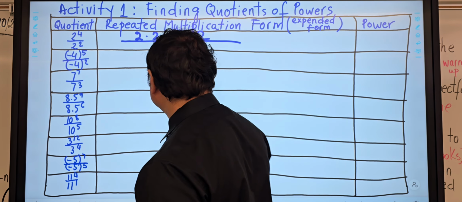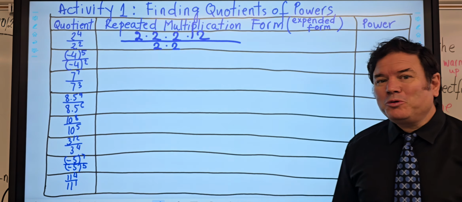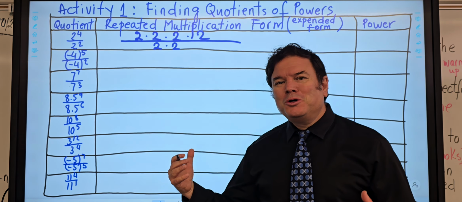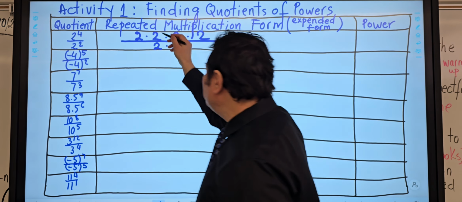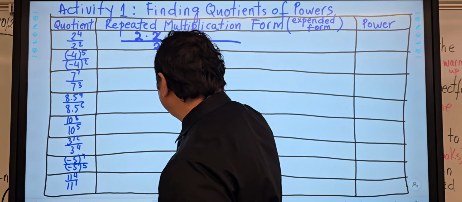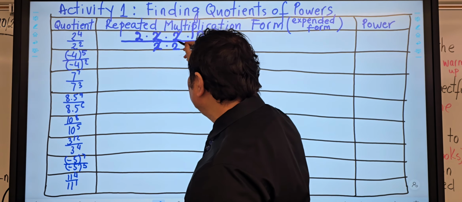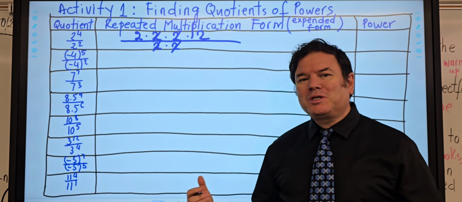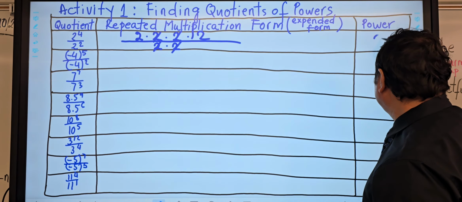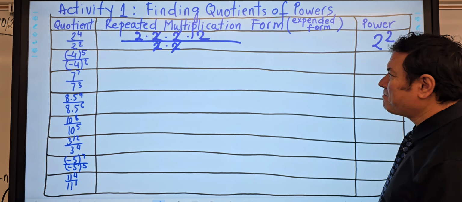Now we see that we can simplify 2 2's from the top and 2 2's from the bottom. And now we are left over with 2 times 2, or we can say 2 to the 2nd power.